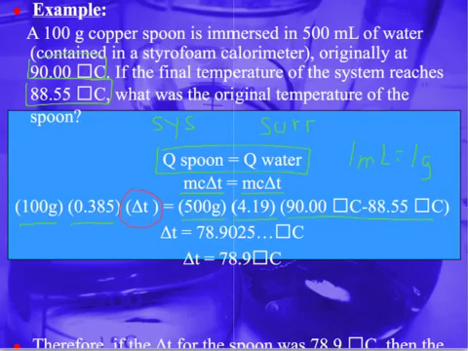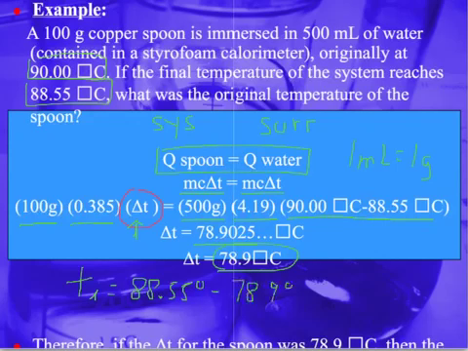And now we can solve for the change in temperature of our copper spoon. Doing that, we find that it is equal to 78.9 degrees Celsius. However, we have to take into account that this is the change in temperature of the spoon. So the original temperature, or Ti, is really 88.5 degrees, that's our final temperature of the spoon, minus 78.9 degrees, which is equal to 9.6 degrees Celsius.